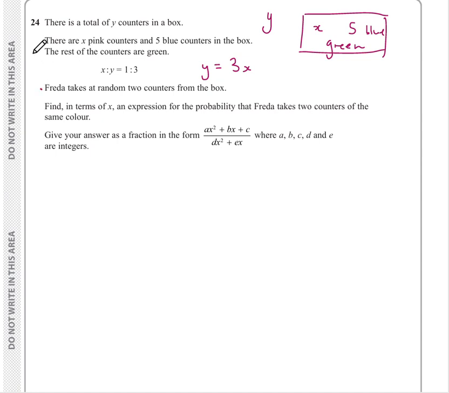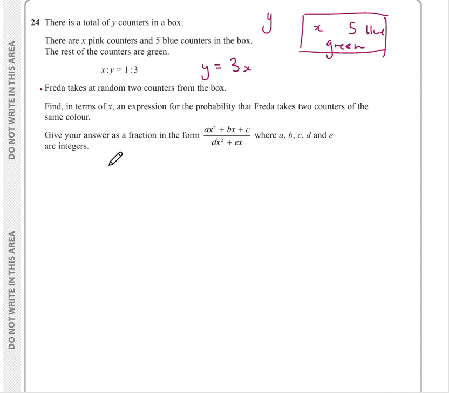Frida takes at random 2 counters from the box. Find in terms of x an expression for the probability that Frida takes 2 counters of the same colour. Give your answer as a fraction in the form ax² plus bx plus c over dx² plus ex, where a, b, c, d, and e are integers.